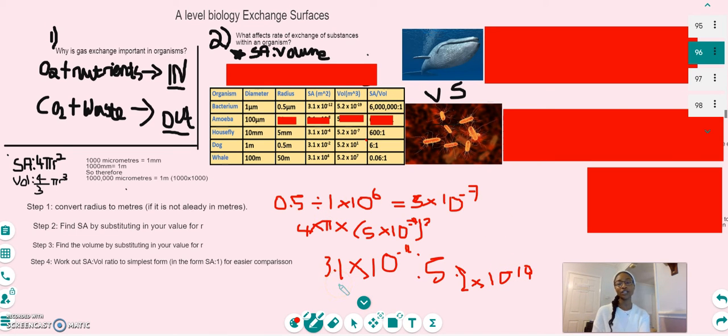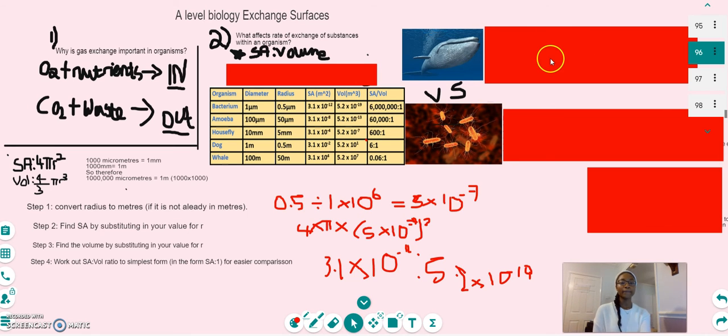Good. And at this point, I would ask the student to use these steps that I've taught them to work out the surface area to volume ratio of this organism. And then we'll go through their answers, and they'll talk with me step by step, and I'll make sure that they've understood, and that we'll be able to consolidate their knowledge.